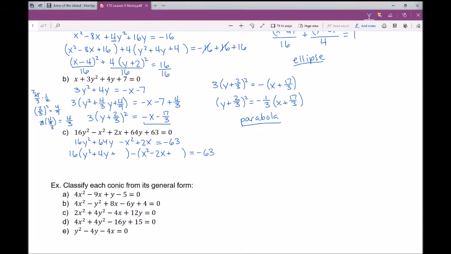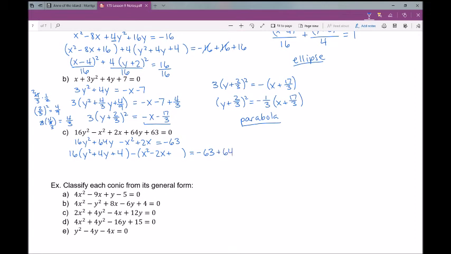Okay, so now I need to figure out what numbers I can add to the y terms and the x terms. In the y's, I have 4 as my linear coefficient, so if I divide 4 by 2, I get 2, and then if I square 2, I get 4. So I'm going to add 4 to my y terms, and so I'm actually adding 64 because I have that 16 sitting on the outside. So on the right side of my equation, I'm going to add 64.